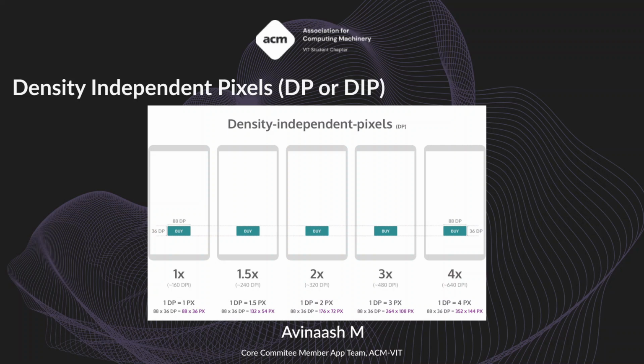As you can see, there are five screens with different DPIs, but the buy button is of the same physical size in all these screens because of DP, or density independent pixels. So whenever we do UI in Android Studio, we need to make sure that we use DP. Yeah, let's start building our app.